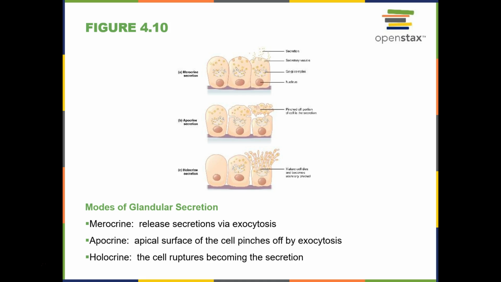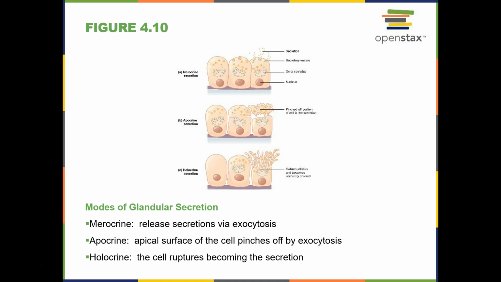A merocrine secretion is one where the cells produce the materials they're going to secrete and put them into a vesicle. The vesicle then binds to the plasma membrane of the cell and opens up, and via exocytosis we release that material. That's merocrine secretion.